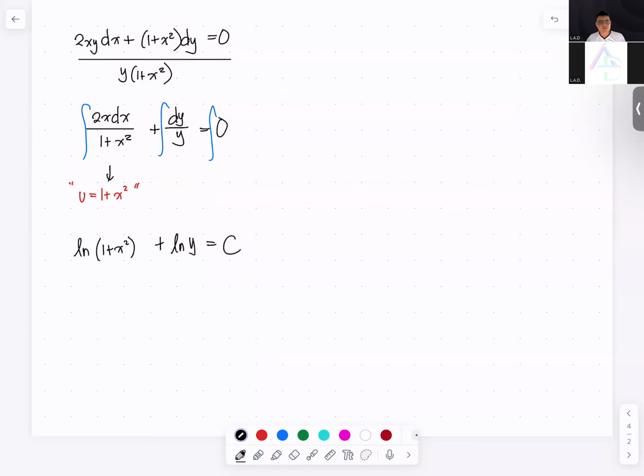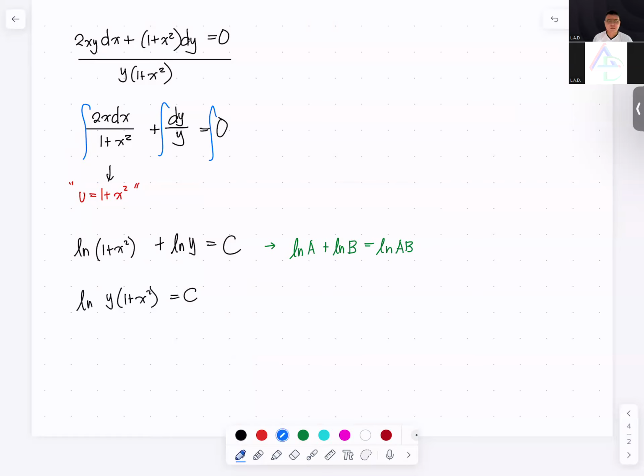Now, as you may notice from the equation, we have two natural logarithms. And from the laws of logarithms, we can actually use ln a plus ln b equal to ln of ab. So the two expressions inside the natural logarithm combine, and this becomes ln of y times 1 plus x squared equal to c.